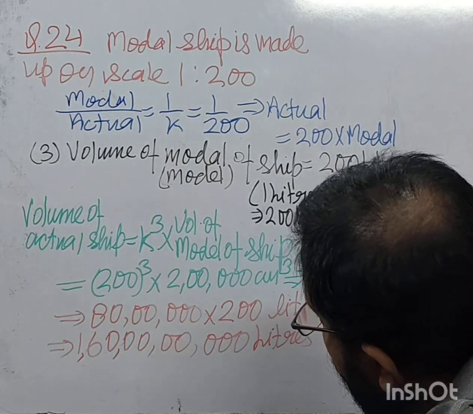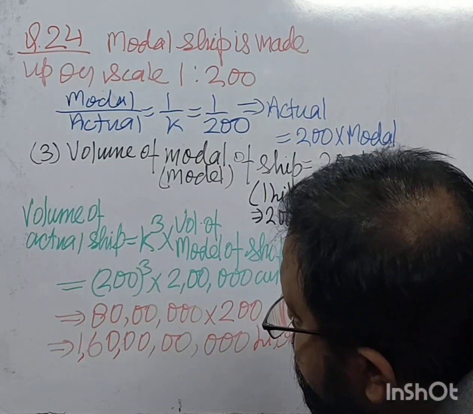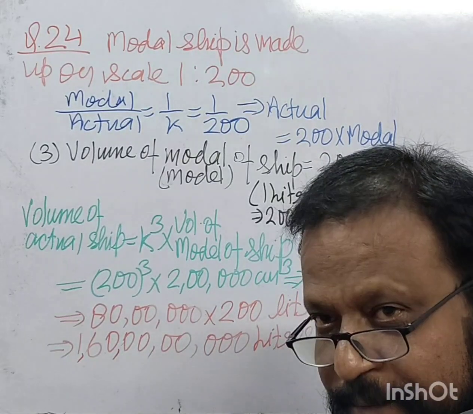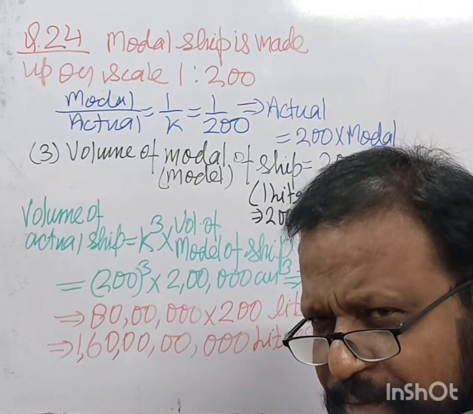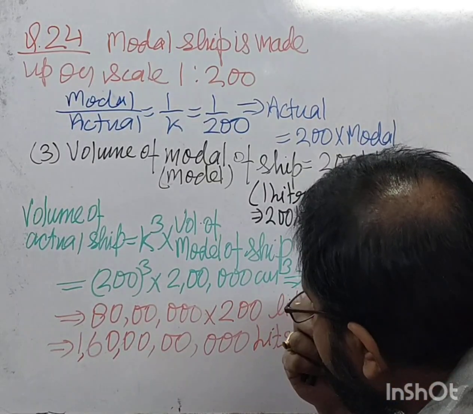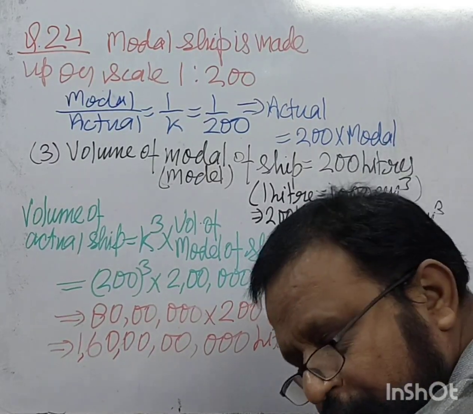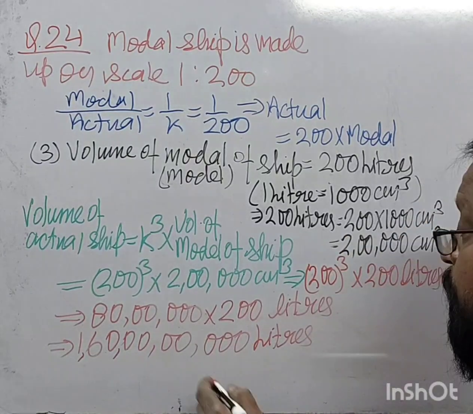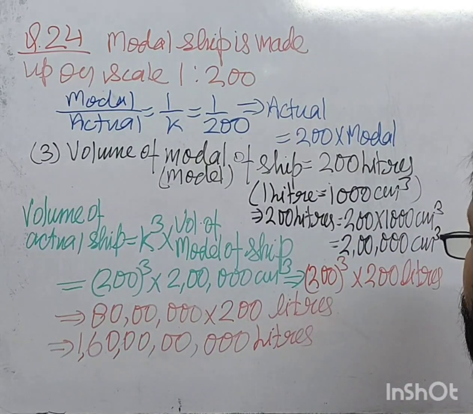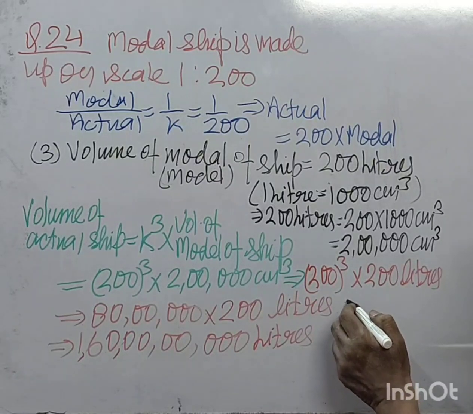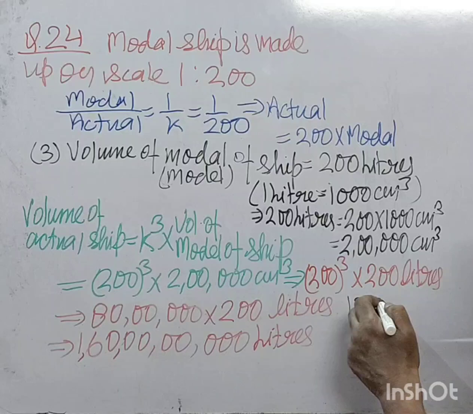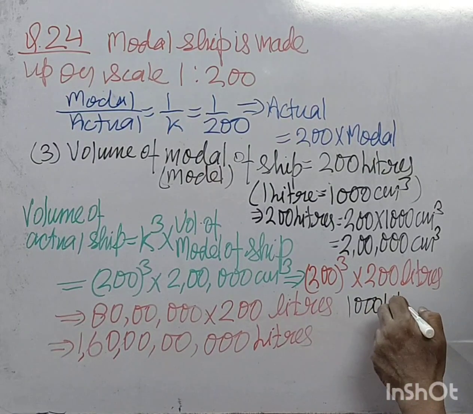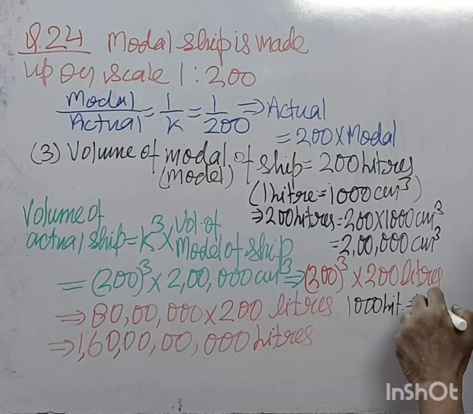If we go to kiloliters, then it is in meter cube. Why? So 1000 liter is equal to 1 meter cube.